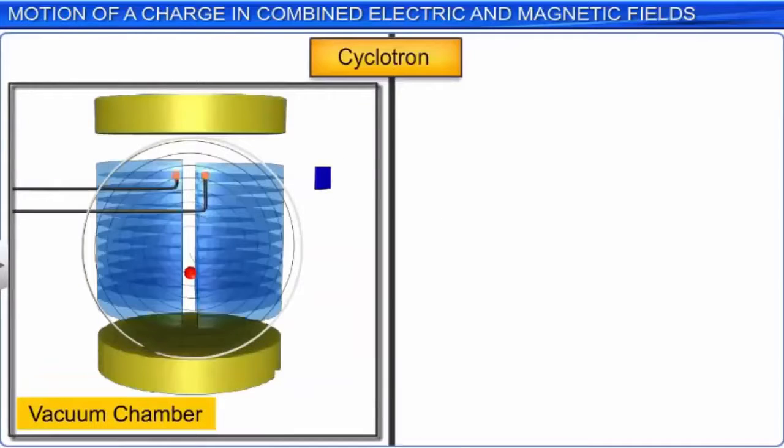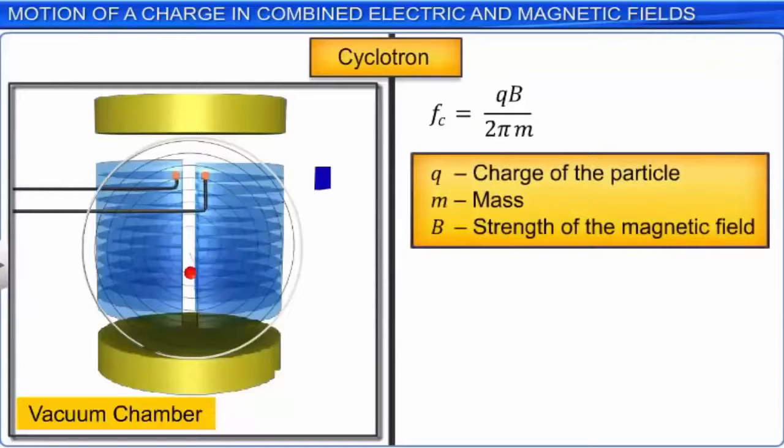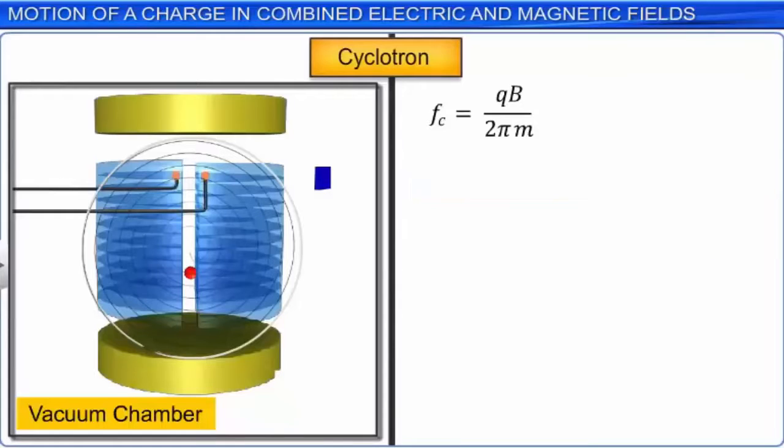We know that the particle revolves with a frequency, also known as cyclotron frequency, expressed as Fc = qB/2πm, where q is the charge on the particle, m its mass, and B is the strength of the magnetic field. Hence, the time period of the particle will be equal to 1/Fc, which is equal to 2πm/qB.